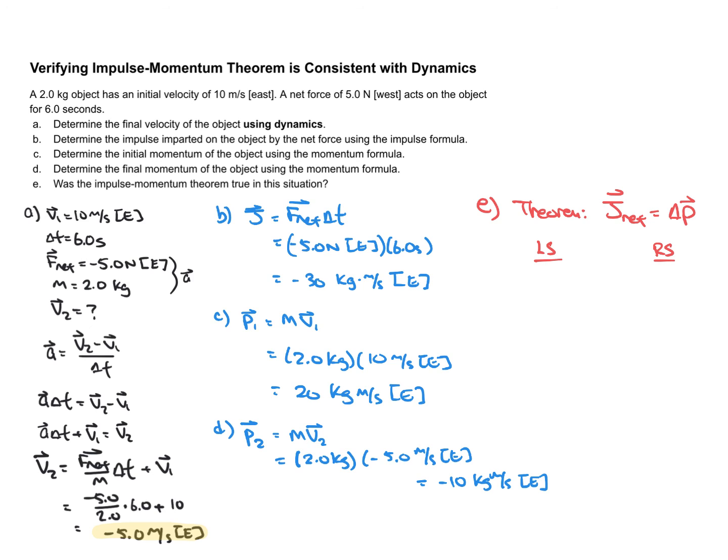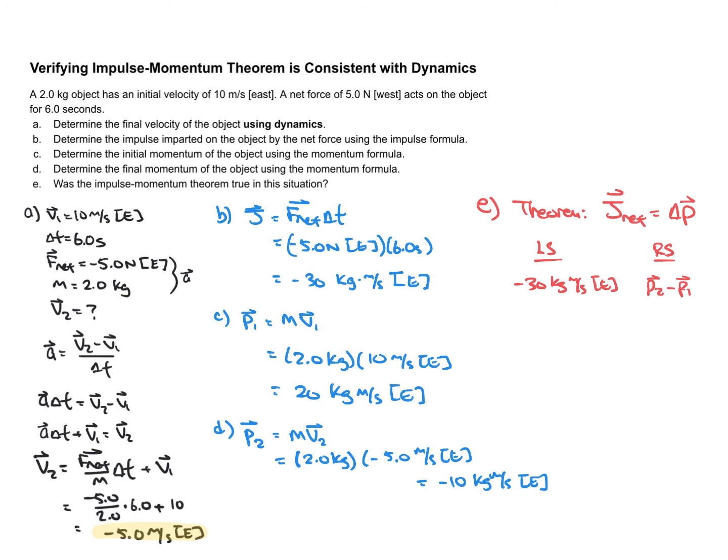So on the left side is the net impulse, which is the answer to part B. We got that it's equal to negative 30 kilogram meters per second east. The right side of the equation, delta P, stands for P2 minus P1, the change in momentum.